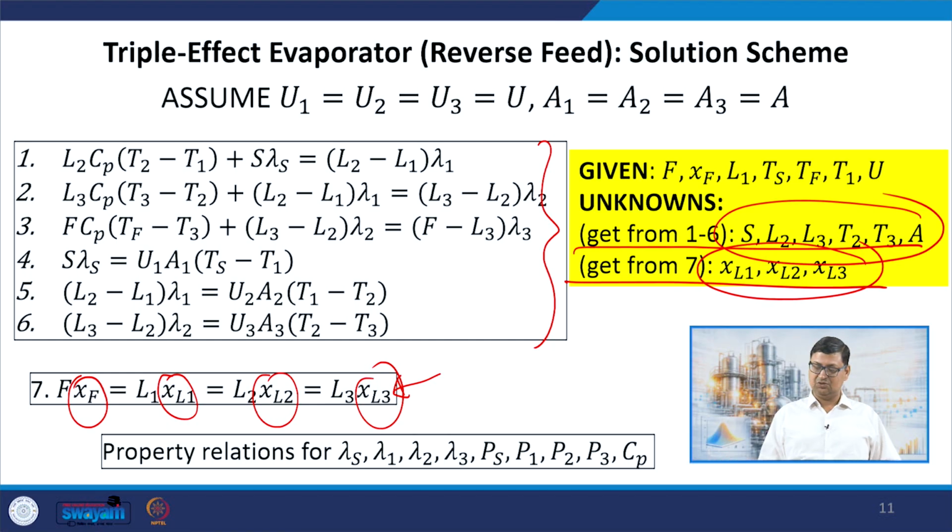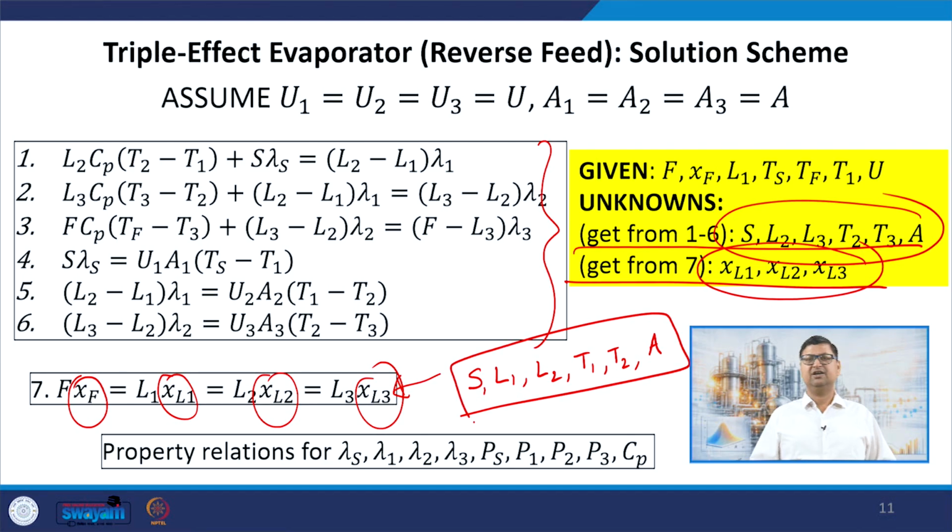I have chosen the unknowns as S, L1, L2, T1, T2, A. The first 6 unknowns were different when we were doing the forward feed, but now we are making a different choice.